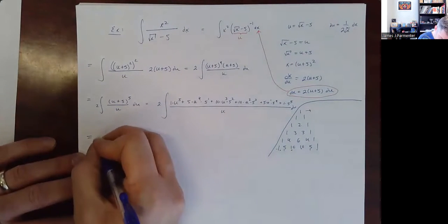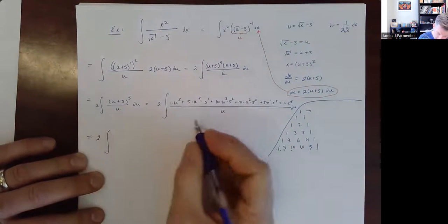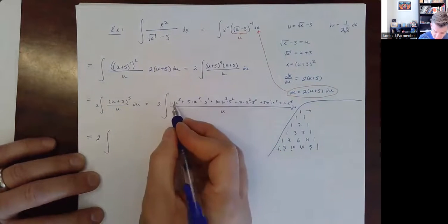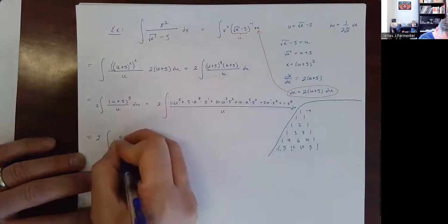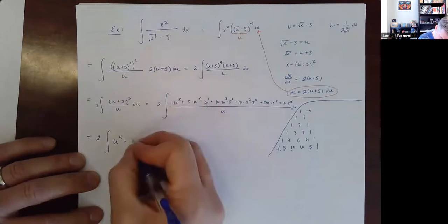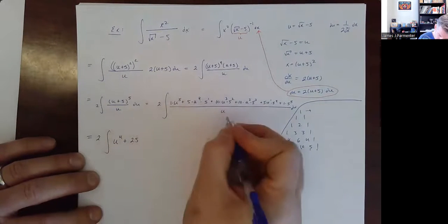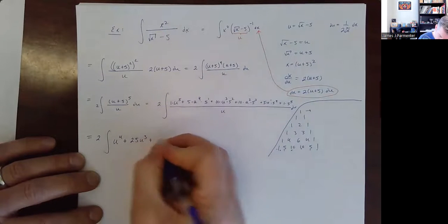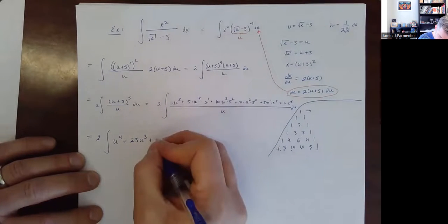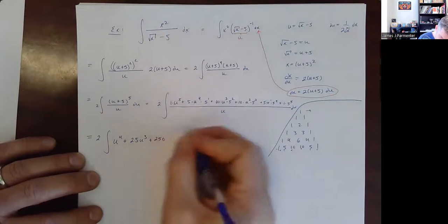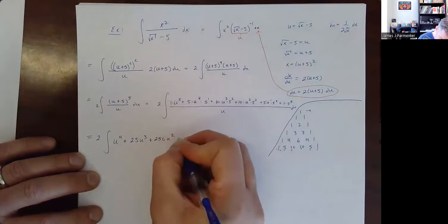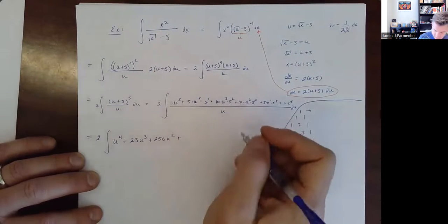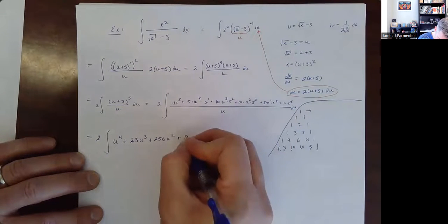So I'm going to get 2 times the integral of, and I'm also going to divide by u. So u to the fifth over u is u to the fourth. 5 times 5 is 25. U to the fourth over u is u cubed. 10 times 5 squared is 10 times 25. U cubed over u is u squared. 10 times 5 cubed is 10 times 125, which is 1250.